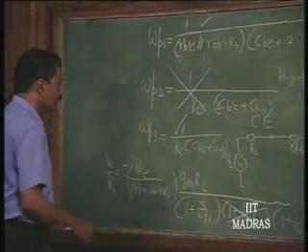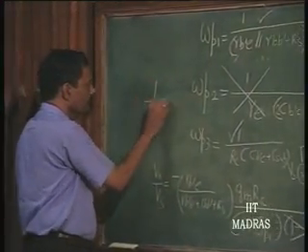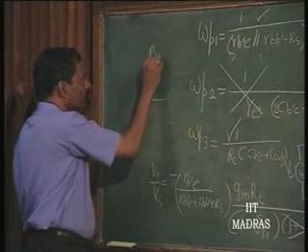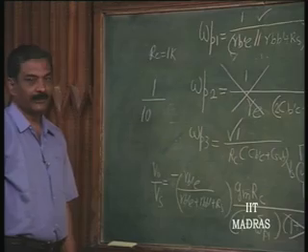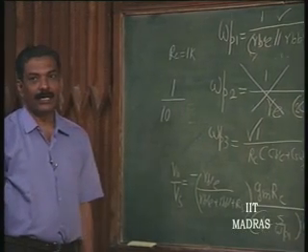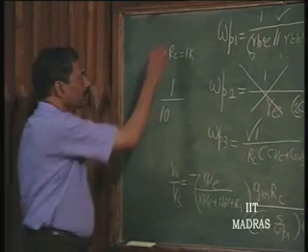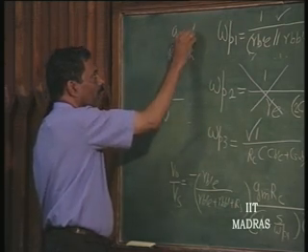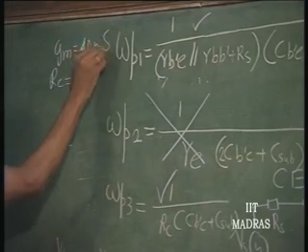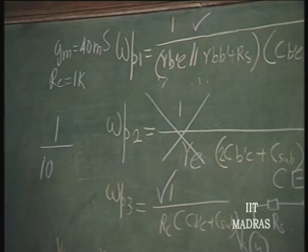Take typically RC as, let us say, 1 kilo ohm. If you have RC of 1 kilo ohm and GM, let us say, 40 millisiemens, GM into RC is going to be 40, a gain of 40.